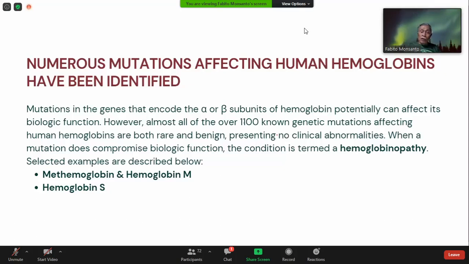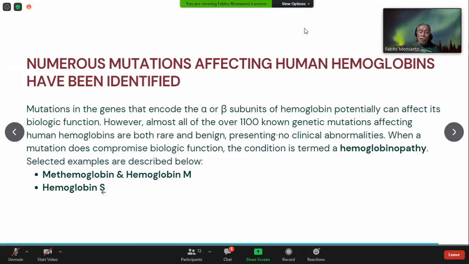All right, now what we have here are mutations of hemoglobin. Once we have hemoglobin M, and then hemoglobin S. What is very common is hemoglobin S, or sickle cell anemia. Now, by the way, I forgot anemia.